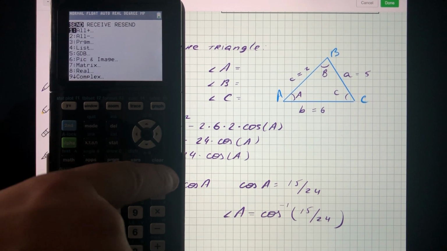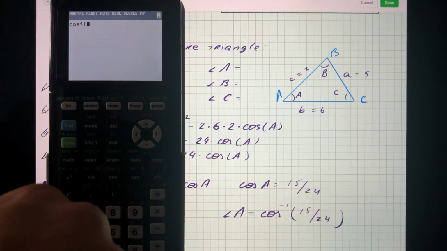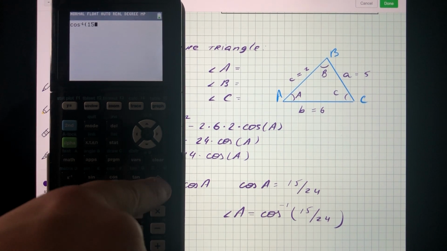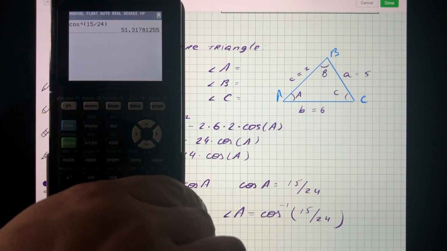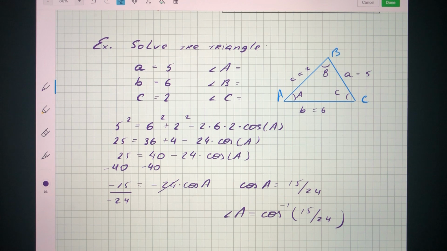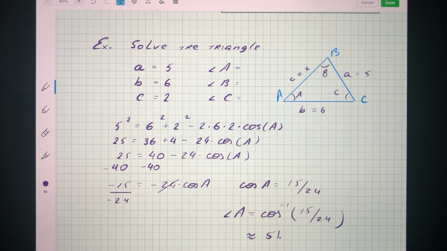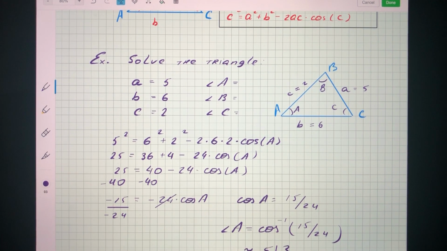So now we need to go to second cosine, that's cosine inverse, 15/24, and that angle is approximately 51.3 degrees. So A is approximately 51.3. So now we can add that information to our answer, 51.3 degrees.